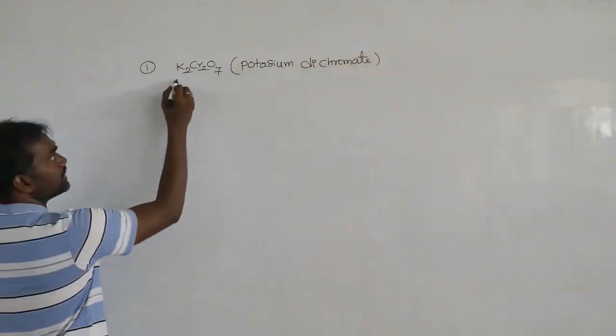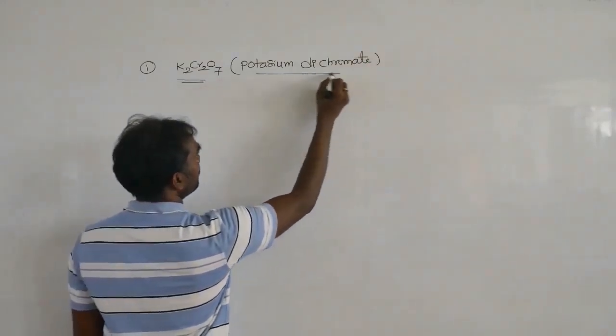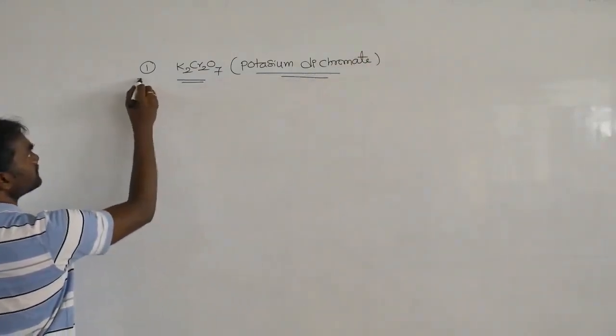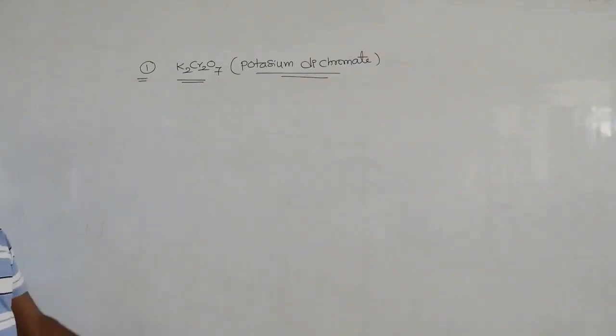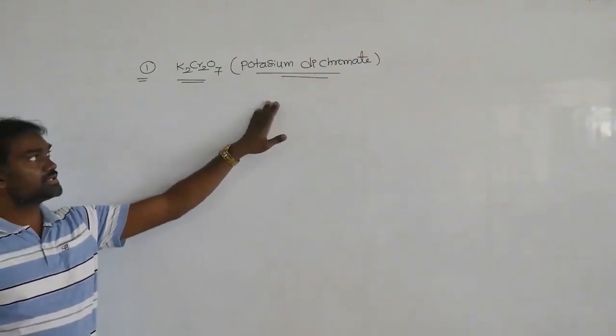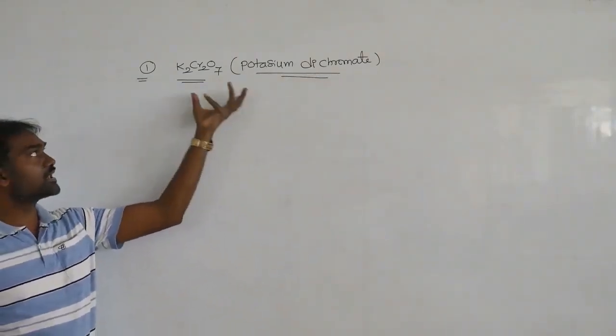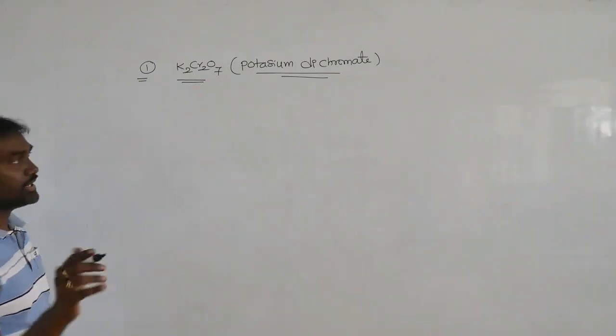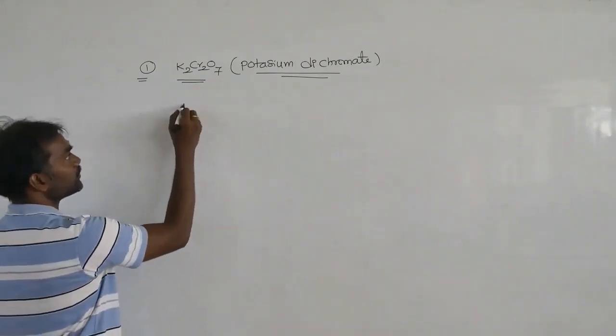So the first important compound is potassium dichromate. For every compound we discuss, one is the preparation, another is the chemical properties, and their structures are also important. So first, preparation.